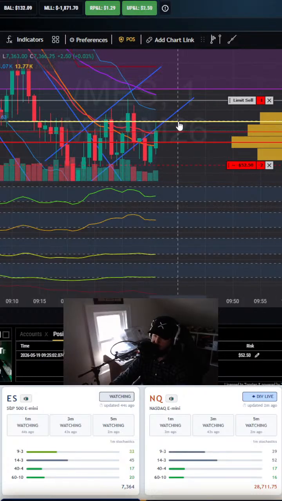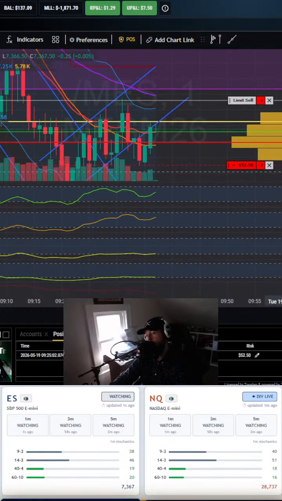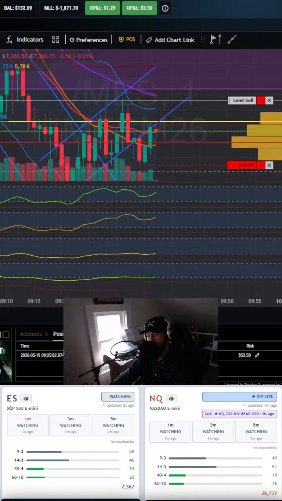Oof! Right as soon as we touch that yellow line, where I put our resistance zone, we just instantly snapped down. That was crazy. Can we push above it?